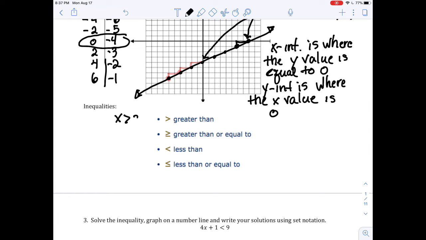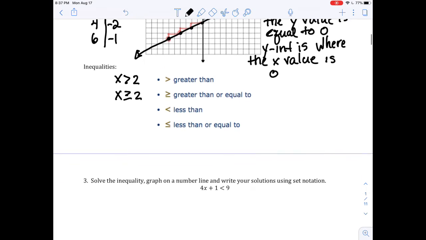So if we said x greater than 2, that means every number that's starting at 2 but not including it. If we said x greater than or equal to 2, then we're saying, okay, include 2 and then every number that is larger than that. So that's the difference between the underline there.